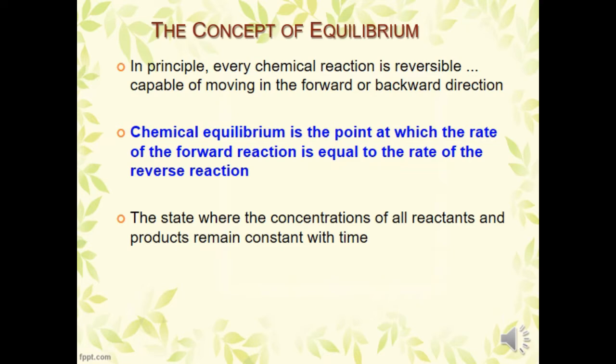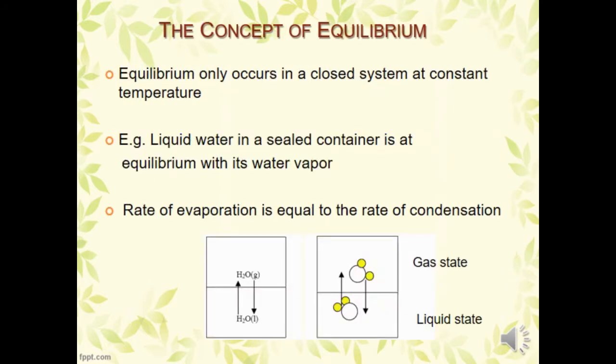Principally, every chemical reaction is reversible. So if you have reactants A plus B to give you products C plus D, you can reverse it from C plus D to get A plus B. In chemical equilibrium, the concept is it will only occur in a closed system at constant temperature.